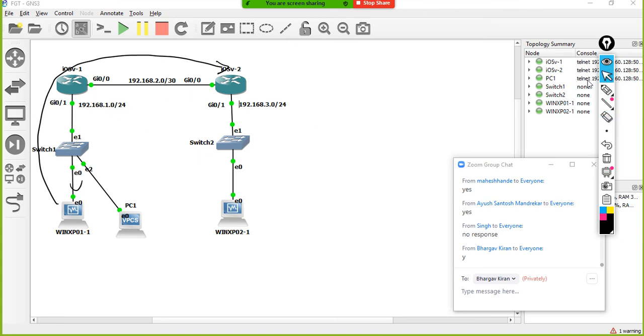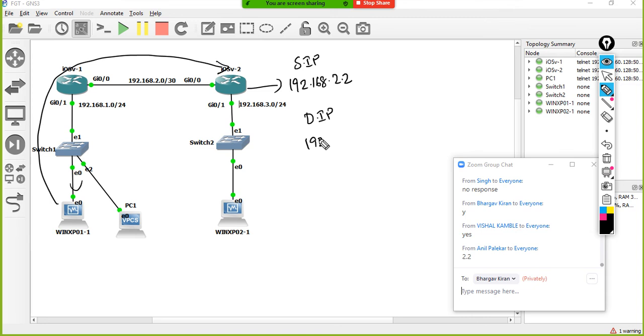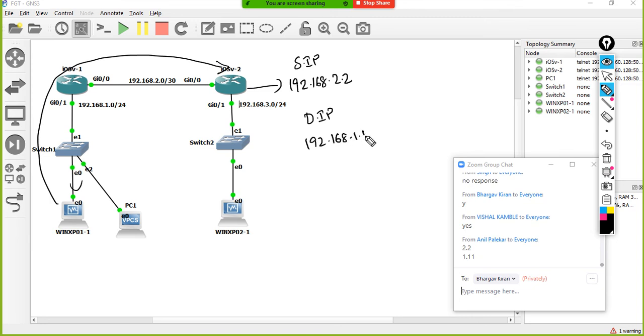Because before replying back, he is going to check the source IP, which is 192.168.2.2. Then the destination IP is 192.168.1.11. So before he replies back, the router, what will he do?